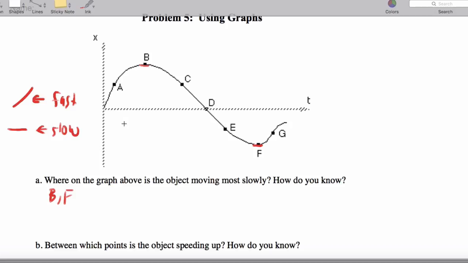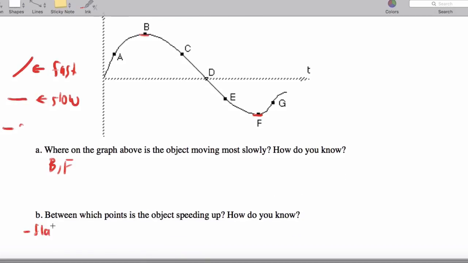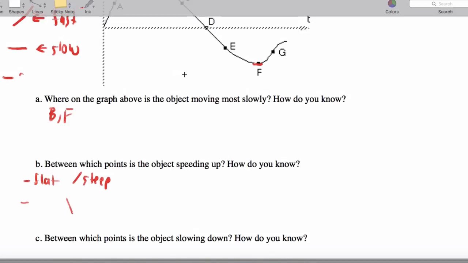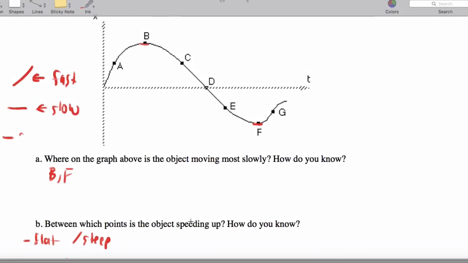Now, between which points is the object speeding up? Well, remember, speeding up means going from flat to steep, and that can mean going forwards or backwards, so this would also qualify. So let's see where that's happening. From B to C, we're going from flat to steep.